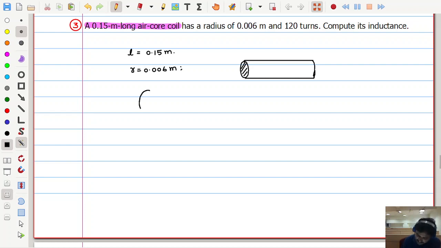If you take a circular shape, something like this, then how to find the area of cross section? The radius r is given for us. So can we find the area of cross section? Like this, pi r square.